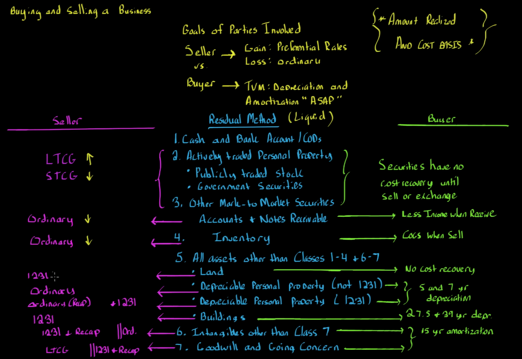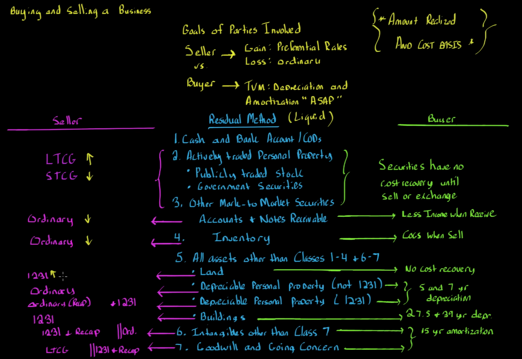We want to maximize 1231 because, again, it's preferential. Actually, 1231 is more like nirvana. If you remember 1231, you do the netting. If you have a positive 1231, everything's considered capital. But if you have negative, it's actually ordinary. So 1231 is a really good situation.